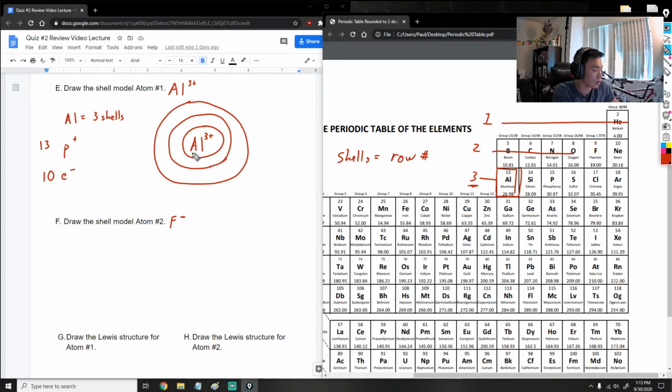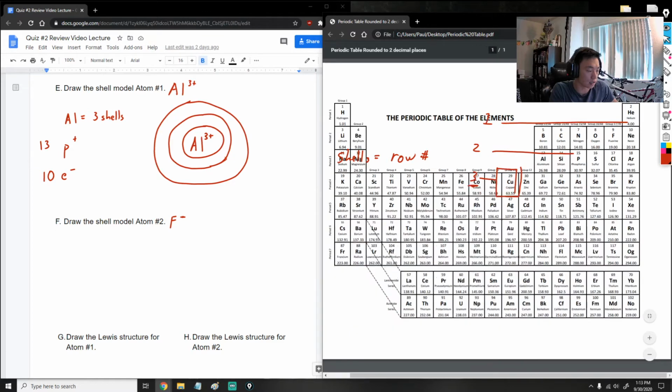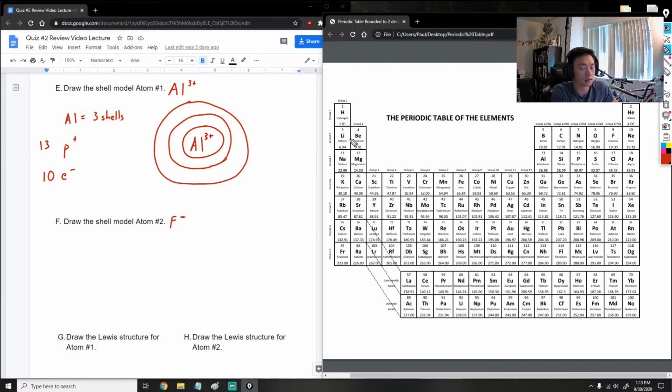Okay, and all we need to do now is fill in the shells, and we always want to start from the inside out. But before we do that, we need to keep one thing in mind: how many electrons, how many dots, can we draw in each shell? If you guys remember, the number of boxes in the row tells us how many electrons we can draw.